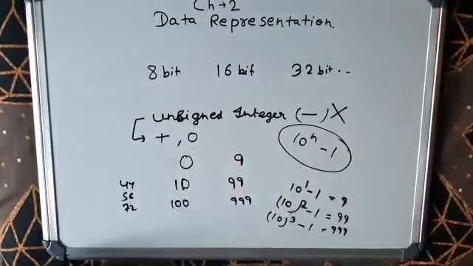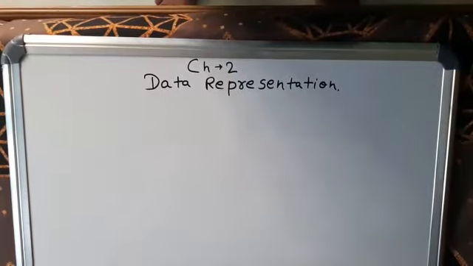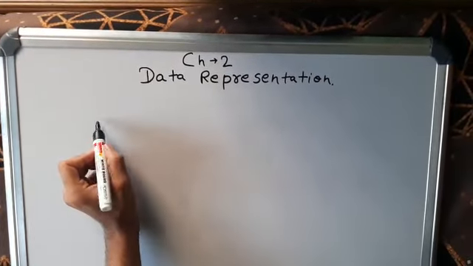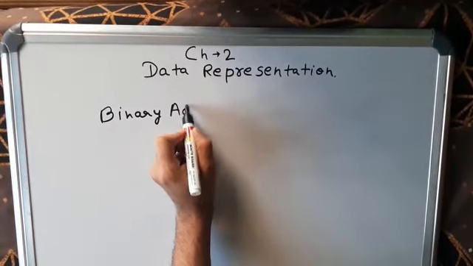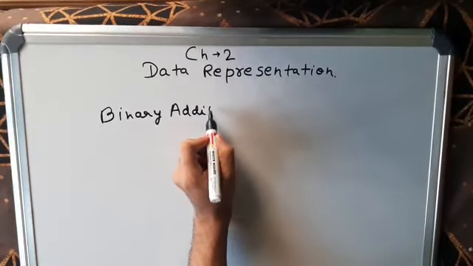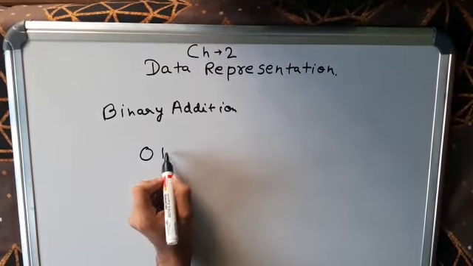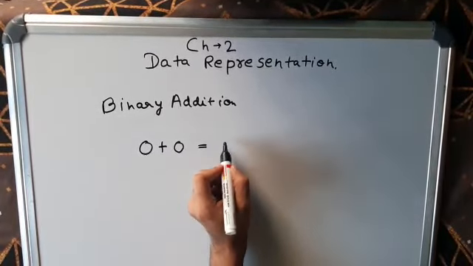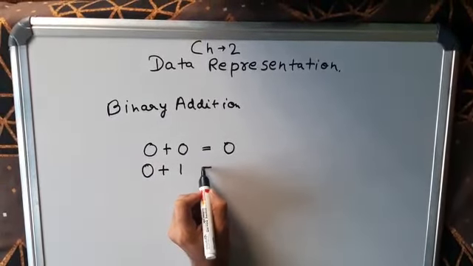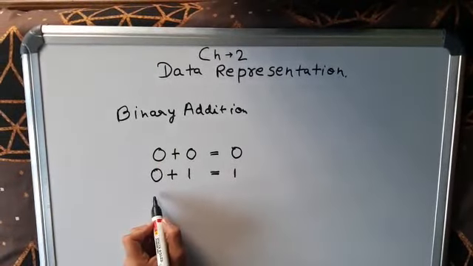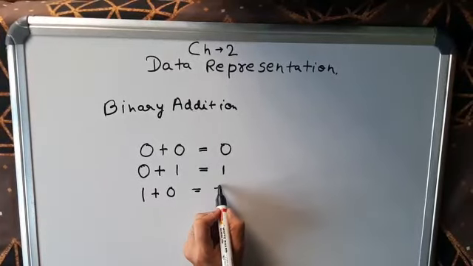Okay, now our next topic is binary addition. In our course there is only binary addition and nothing else. For example, 0 plus 0, the answer will be 0. 0 plus 1, the answer is 1. 1 plus 0 is also 1.